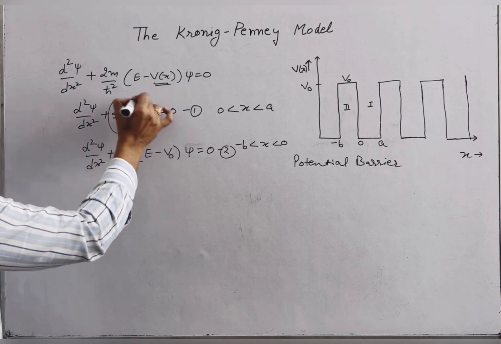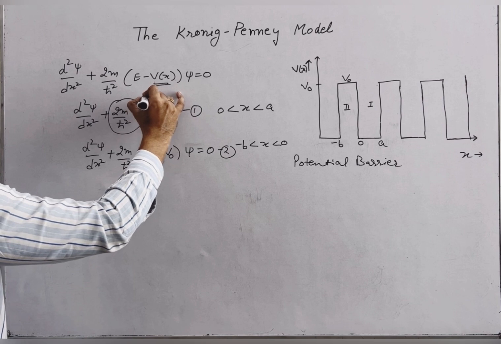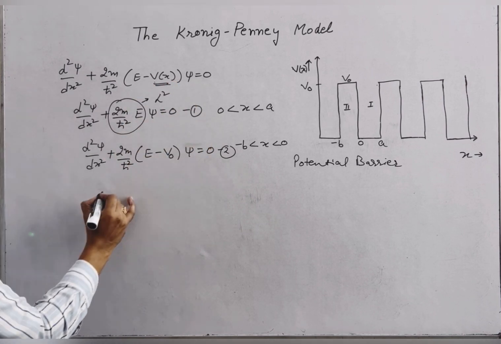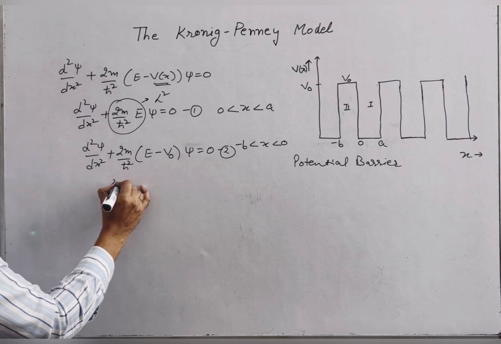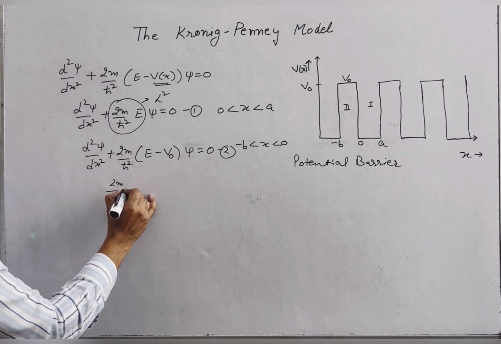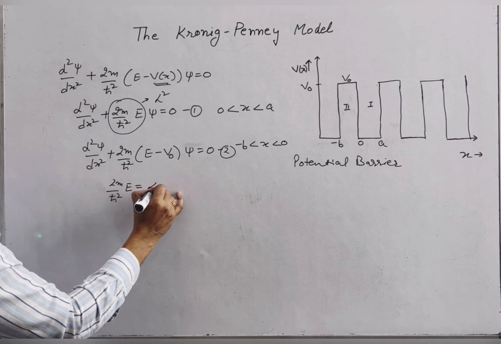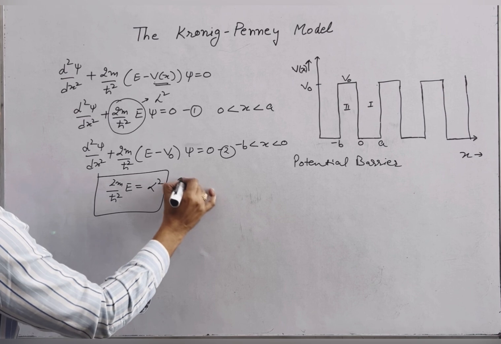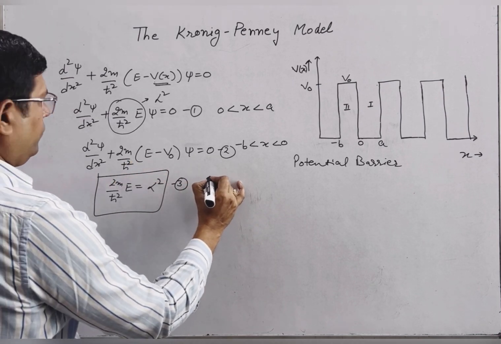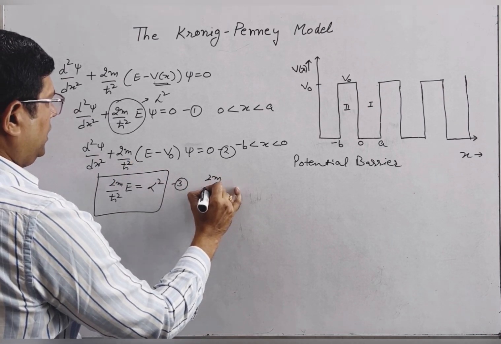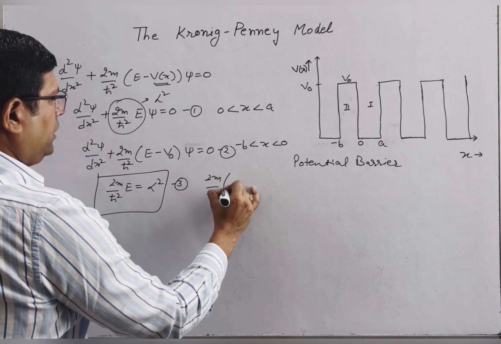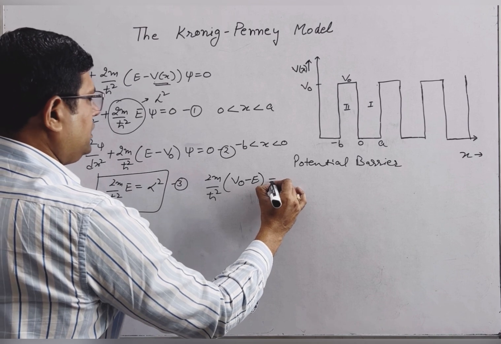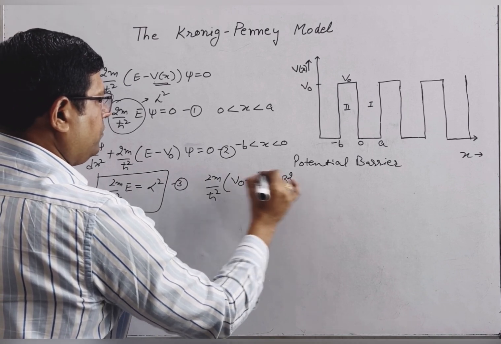We will assume this term as alpha square. From equation number 1, 2m upon h cut square into E is alpha square. Let this be number 3. From equation 2, 2m upon h cut square into V naught minus E is beta square.